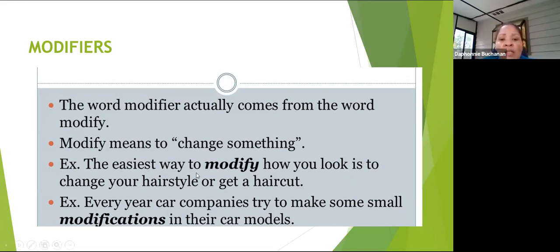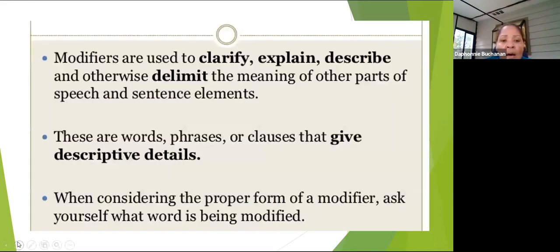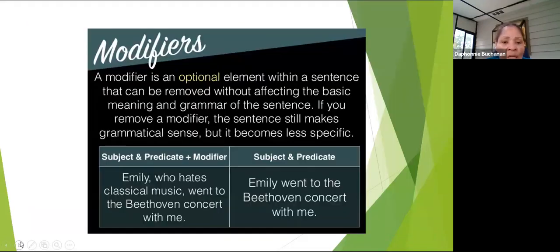The easiest way to modify how you look is to change your hairstyle or get a haircut. Every year, car companies try to make some small modifications in their car models. So, you know, we have to change some things. Modifiers are descriptive words we sometimes use that we just really don't need.